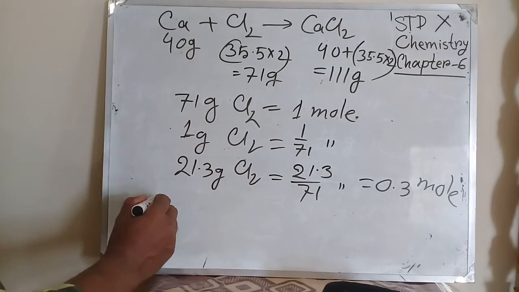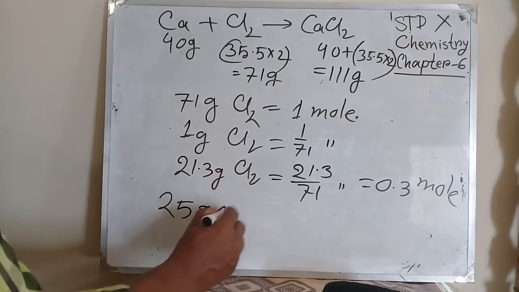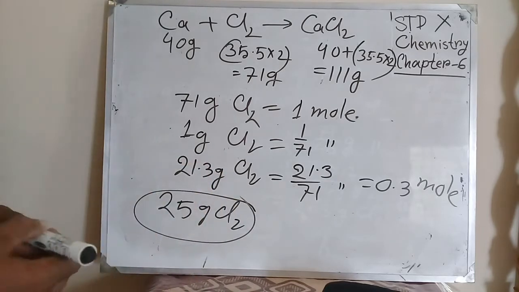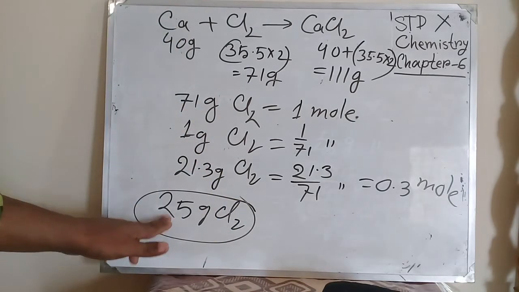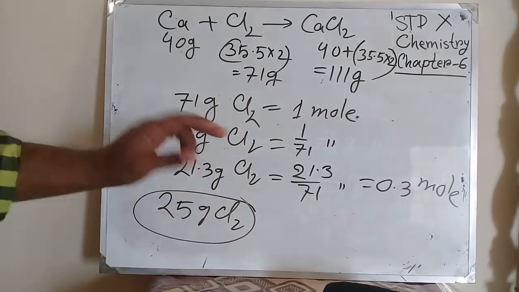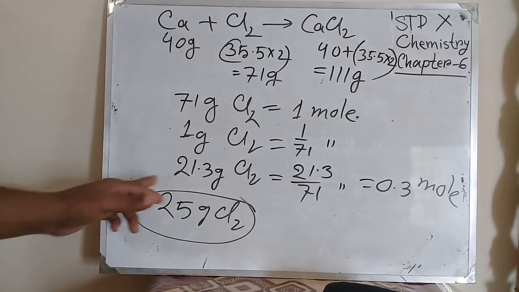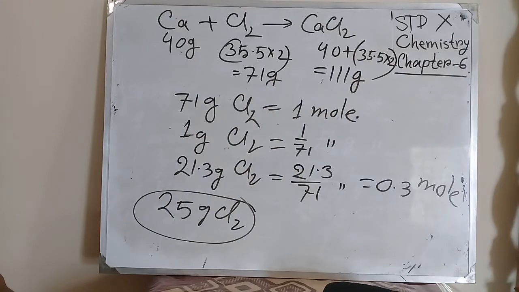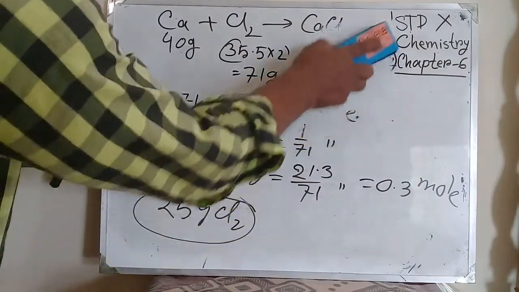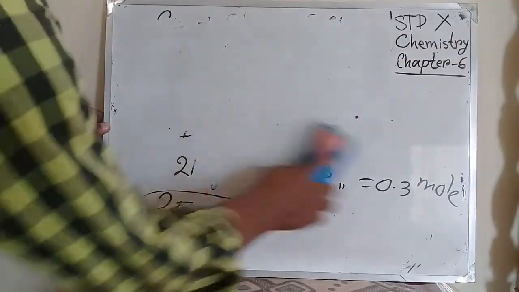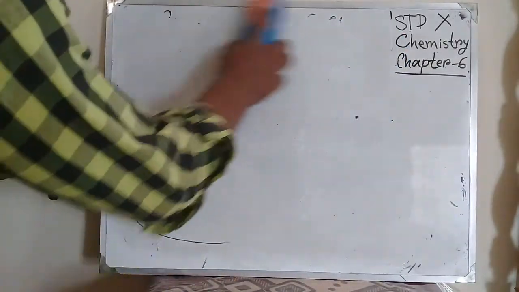But if I calculate directly with 25 gram chlorine, it will be wrong, because the 25 gram is not used. We have taken 25 gram, but only 21.3 gram is used up. So 0.3 mole chlorine will be used up in the reaction. This is the answer of the first mathematical problem. Then we'll go to the second one.